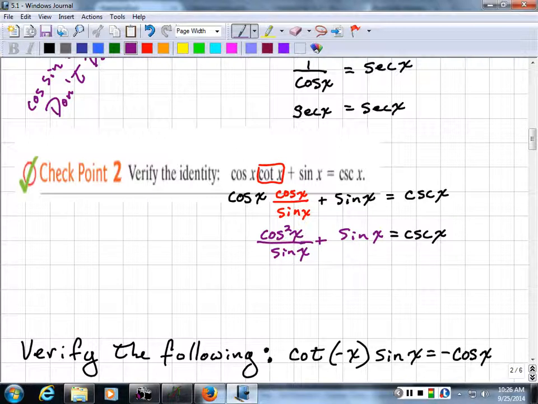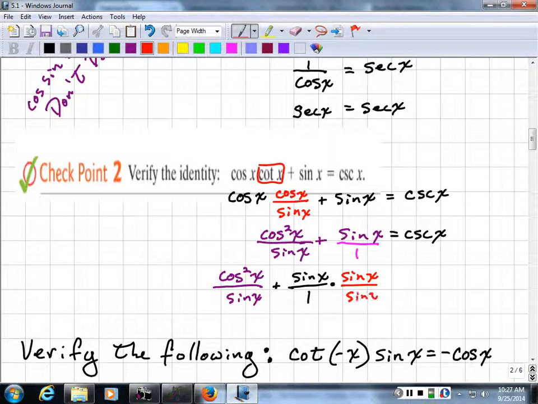This has a denominator of sine x. What does this have a denominator of if I want to add it to this? Well, right now it's got a denominator of 1, right? But I don't want it to have a denominator of 1. I want it to have a denominator of sine of x. Which means that the cosine squared x over the sine of x plus this sine of x over 1 will be multiplied by sine x over sine x. And that's still going to be equal to the cosecant of x, supposedly.